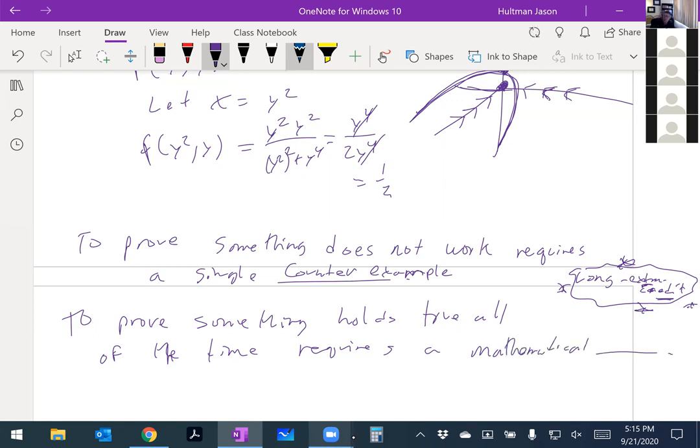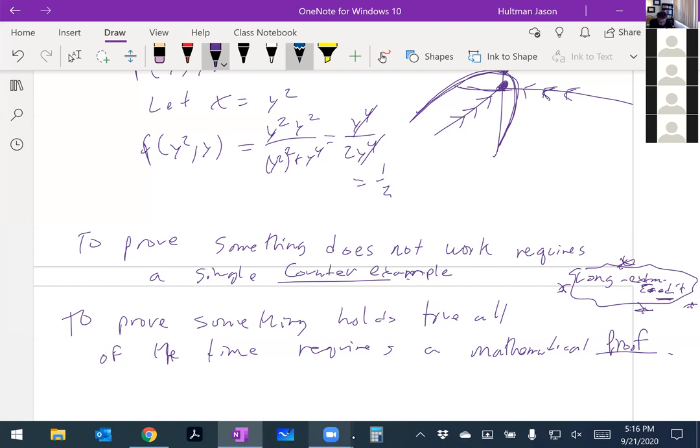Somebody already said it. Proof. Yeah, proof. Very good. I'm not giving extra credit for that one because somebody already said it. So to prove something holds true all the time requires a mathematical proof.